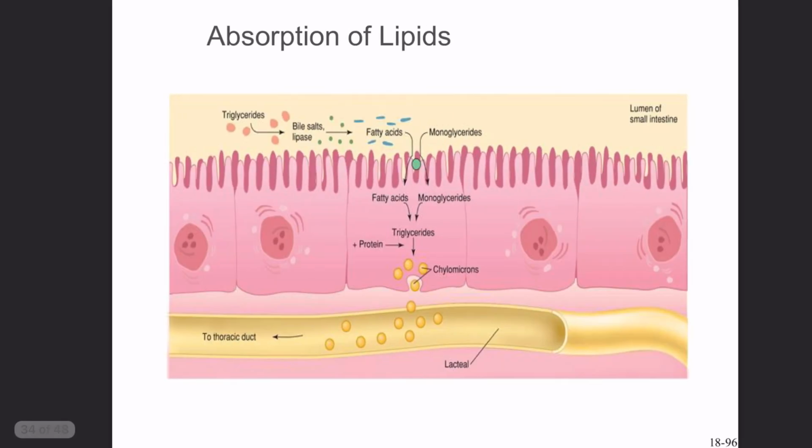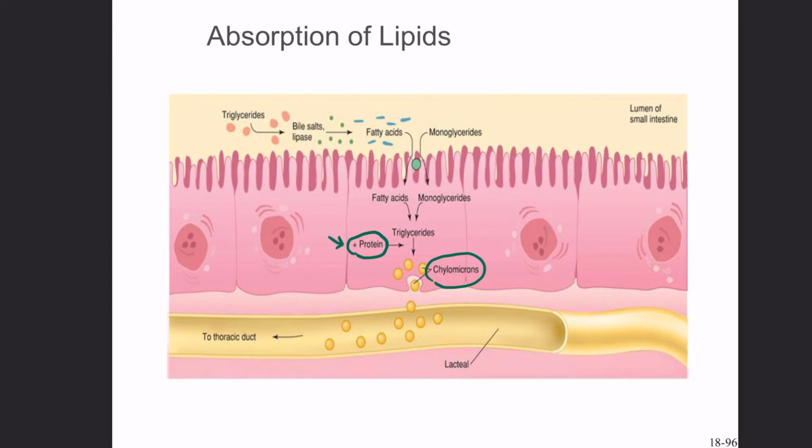From here, these are going to attach onto a protein and produce something called a chylomicron. A chylomicron allows for larger fats, larger lipids to travel with the addition of a protein.